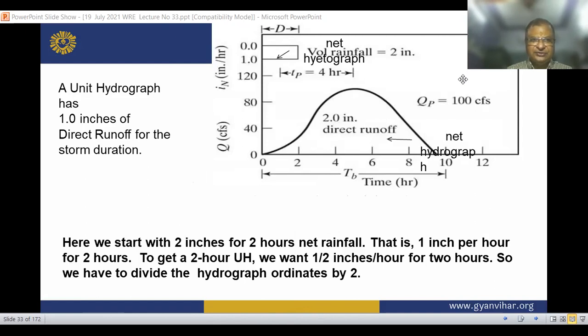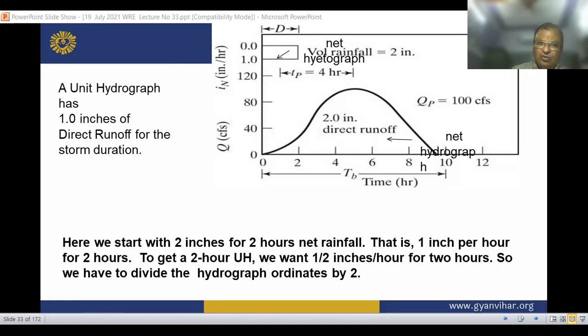A unit hydrograph has 1.0 inch of direct runoff for a given storm duration. Here we start with 2 inches of net rainfall over 2 hours, that is 1 inch per hour for 2 hours.